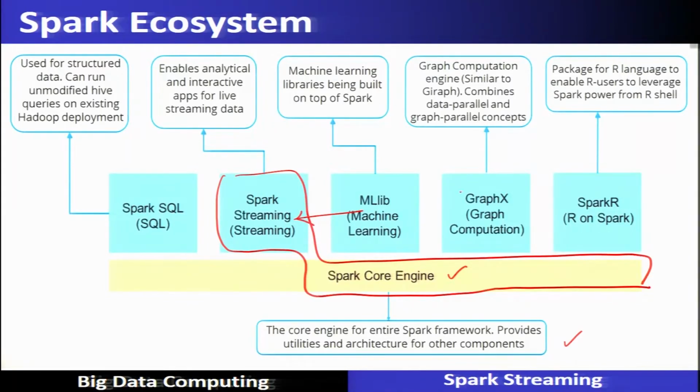Similarly, graph processing applications, such as graph computation engines which combine data-parallel and graph-parallel concepts, can also be useful for analytics of the streaming data, and they are all integrated.